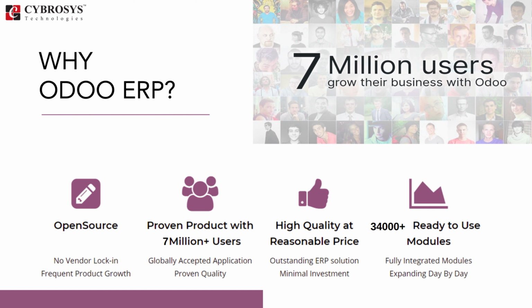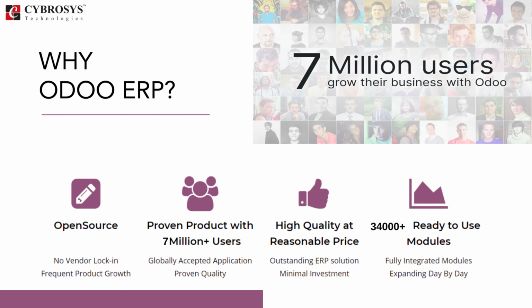And Odoo has a large and active community of developers, users and contributors who are continuously working on improving the software. The community provides access to a wide range of modules and extensions developed by experts, enhancing the functionality and features of Odoo. Additionally, professional support services are available if you require assistance with implementation, customization, and troubleshooting.